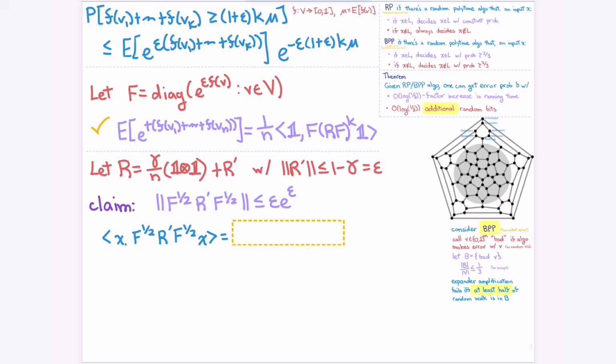All right. I start with this expression here. You can think of x as unit vectors. I want to do some kind of usual eigenvalue tricks and operator norm tricks. So what might go on the right? Well, I guess you could.